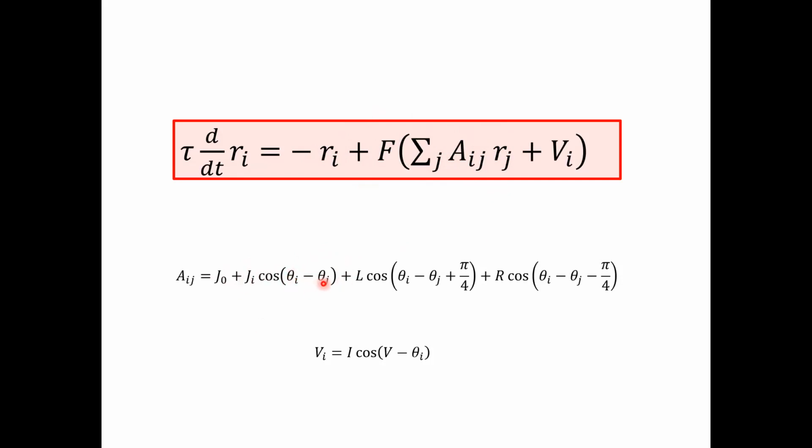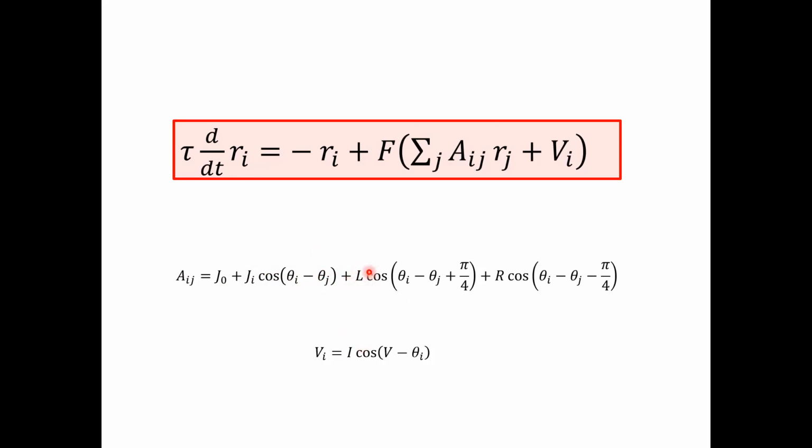So theta I, and this is fixed between the node I and the node J. All right. So you have various parameters, theta I and theta J are locations on the circle.